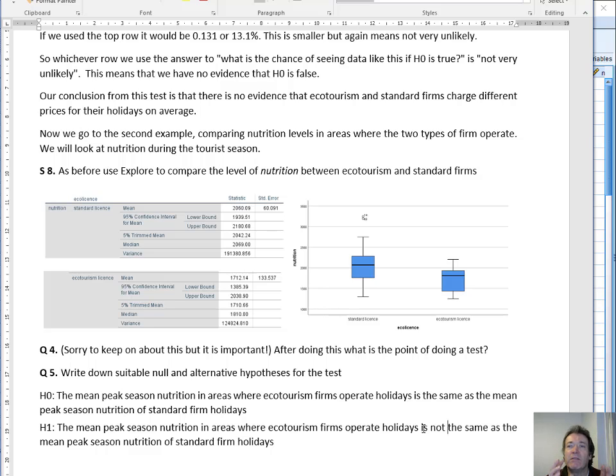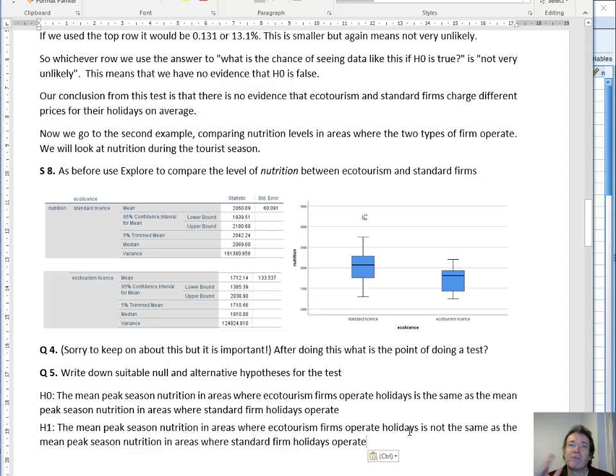The other one is saying that the mean nutrition in peak season is different between the two groups, is not the same. It's quite a mouthful, but that'll do as the null and alternative hypotheses.